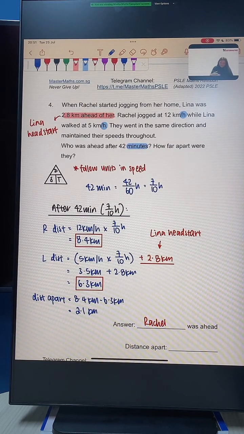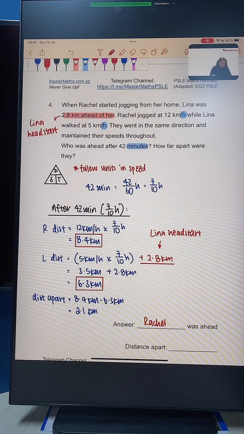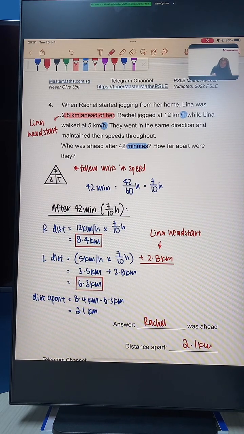So even though Lina traveled more at first, which is this 2.8 kilometers head start, at the end of the day, Rachel is going to be faster because Rachel traveled at 12 kilometers per hour. So the distance apart is 2.1 kilometers. Okay?